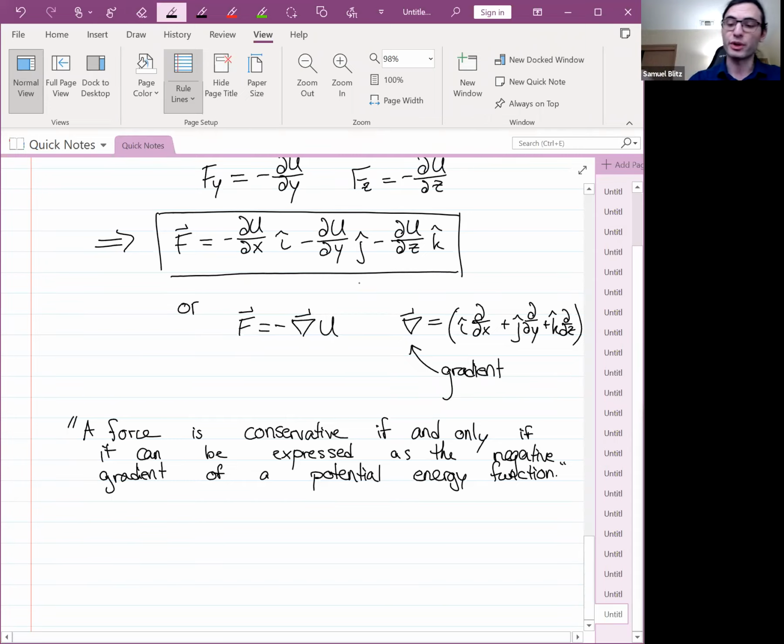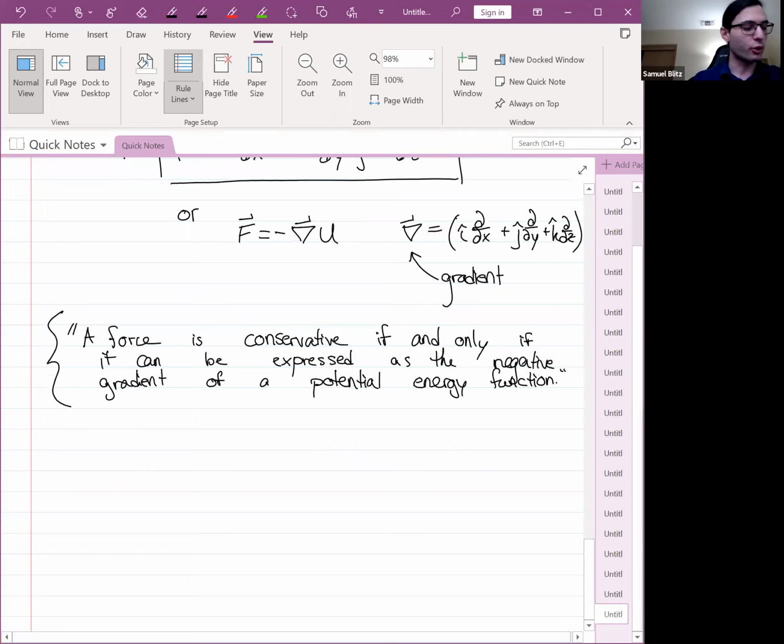So what we're going to do is test this formula on potential energies to get the force, for forces that we already know, just to make sure that it checks out. So let's do a quick test on, say, gravity. Let's use the gravitational potential energy and see what we get for the force. For gravity, we're going to assume the standard coordinate system, with y being up.